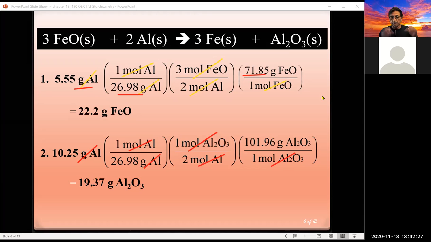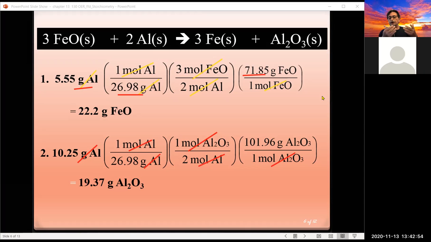And so what does that mean? That means if I start off with 10.25 grams of aluminum, run the reaction, after the reaction's done I'm going to end up with 19.37 grams of aluminum oxide. And the assumption is that these reactions are 100%. In the real world, no reactions are 100%.